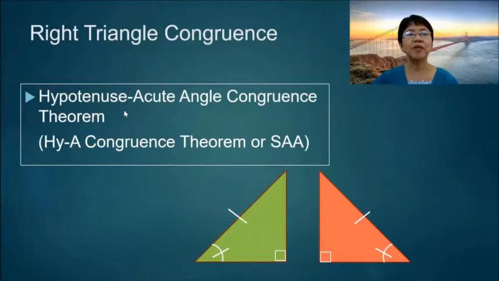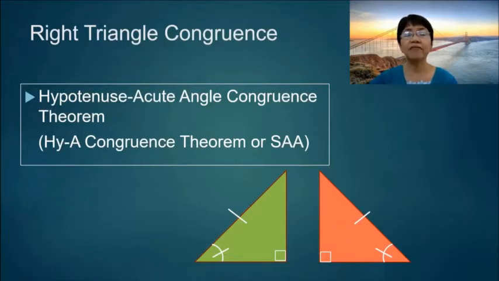And we have the hypotenuse acute angle congruence theorem, or the HA congruence theorem, which is equivalent to SAA. If we look at the form of the congruence, we have the hypotenuse here and the acute angle, and then we assume that the right angles are always congruent, so we have the SAA congruence for these two triangles.